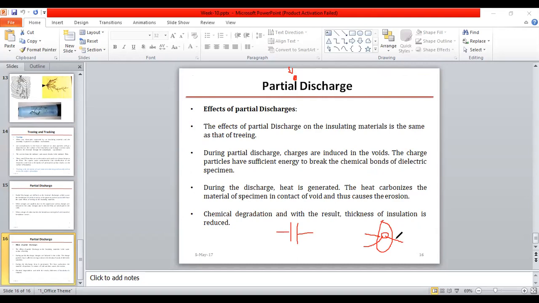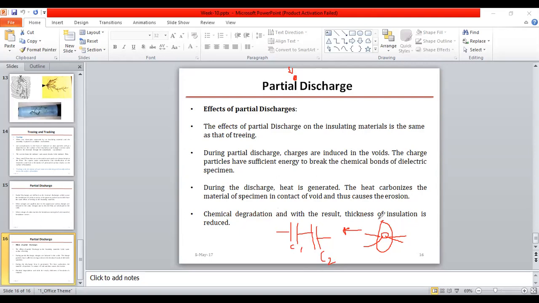Similarly, this shows one plate and this shows another plate. So the electrical equivalent circuit of this void will be like this: we have two capacitors in series, C1 and C2. This is the electrical equivalent circuit of this void.